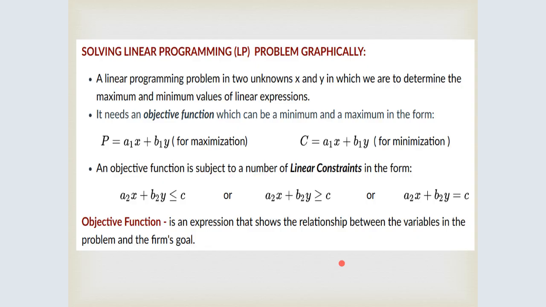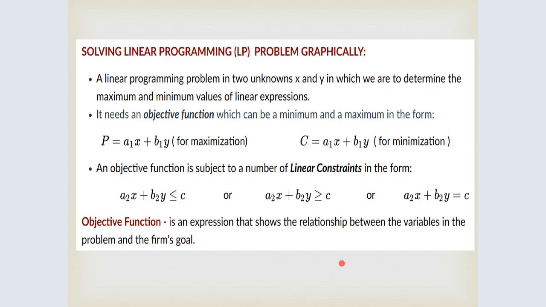Meaning, what we usually maximize is letter P for profit. Then C is equal to a sub 1 x plus b sub 1 y for minimization, and we usually minimize C for the cost.